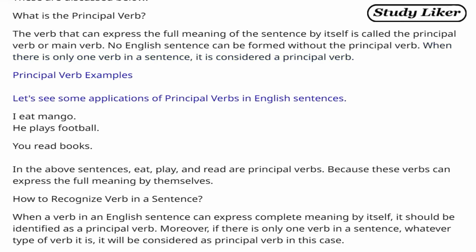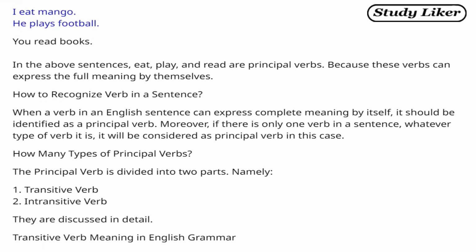Principal verb examples. Let's see some applications of principal verbs in English sentences. I eat mango. He plays football. You read books. In the above sentences, eat, play, and read are principal verbs. Because these verbs can express the full meaning by themselves.